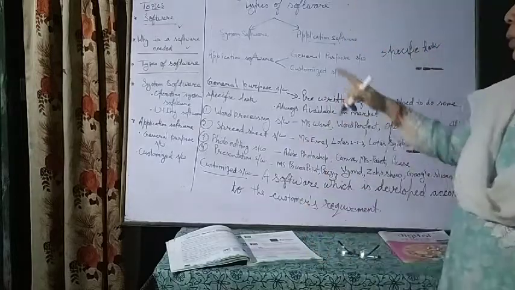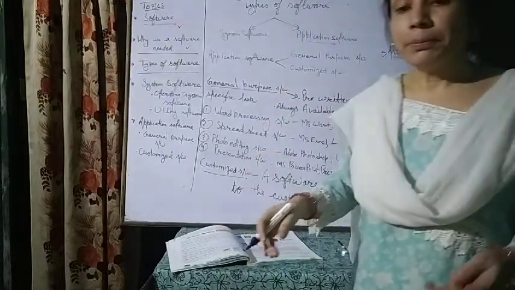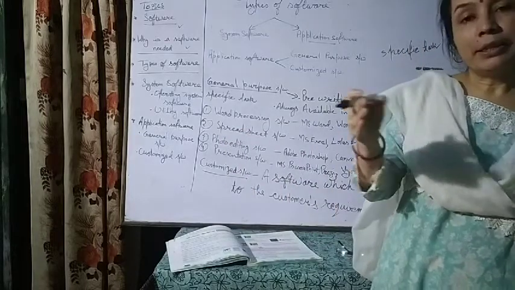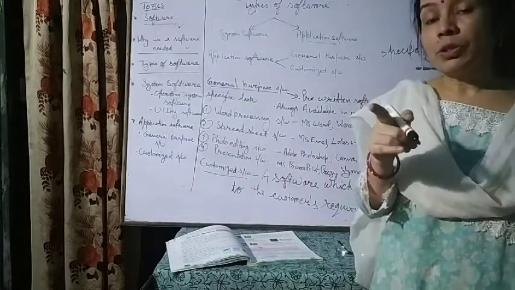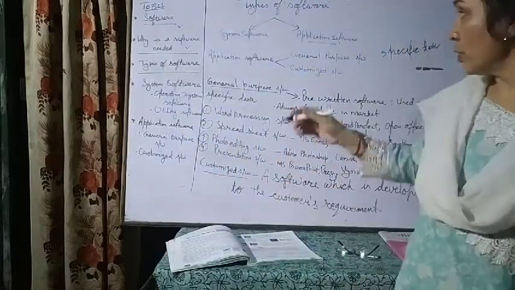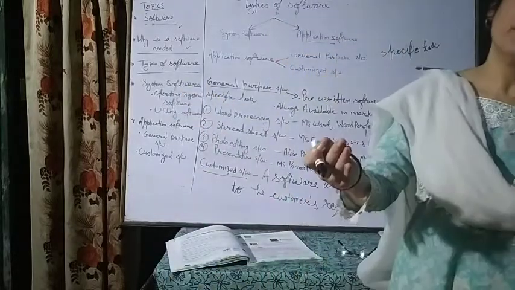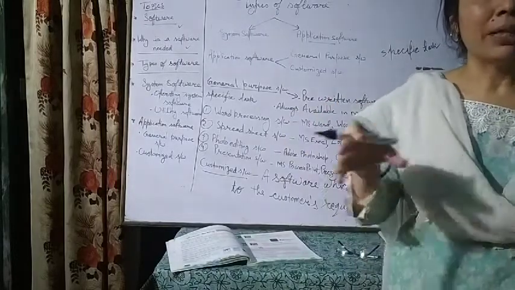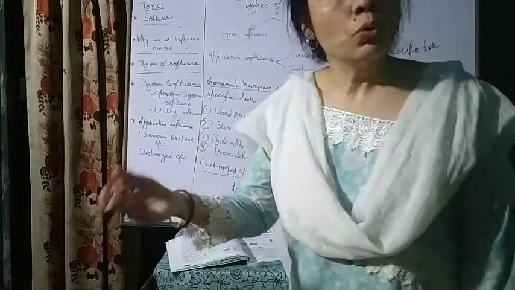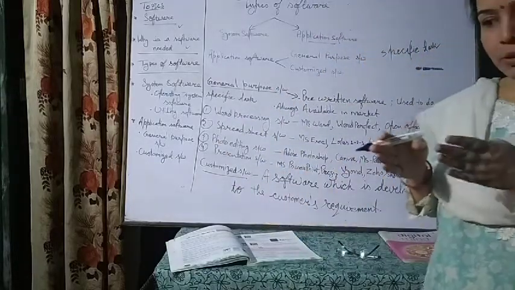System software, we had discussed, are related with the computer system hardware. But application software are developed for users. System software are developed for controlling and managing all computer hardware and to give the interface to the user, the software interface which appears on the monitor screen.